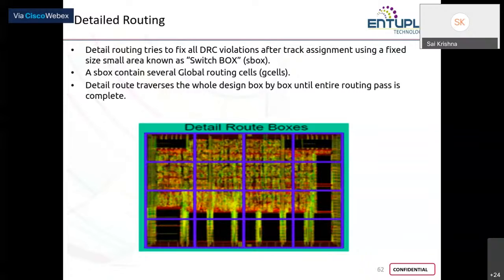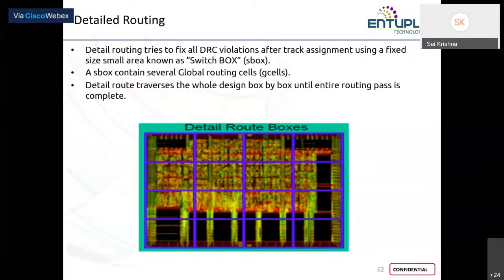First, the detailed routing happens at a switch box, and a group of switch boxes are routed, and that completes one G cell. A group of G cells will give you a detailed route box. Starting with the most basic structure, your routing goes on at every level.